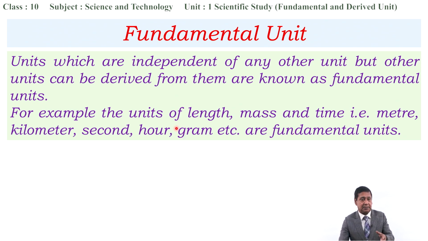They do not depend on others, but others can be made by using these fundamental units. Fundamental units are the prime units, basic units, which form all other derived units. Unit of length never makes unit of mass.